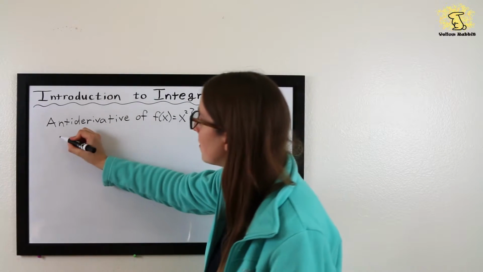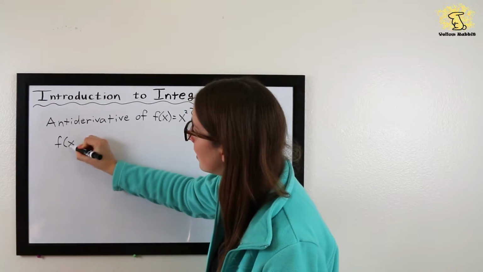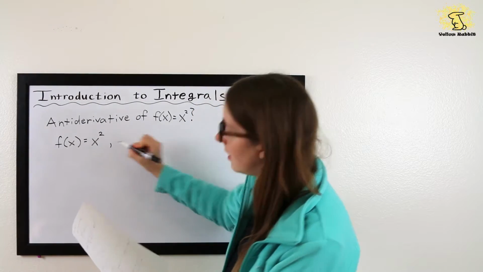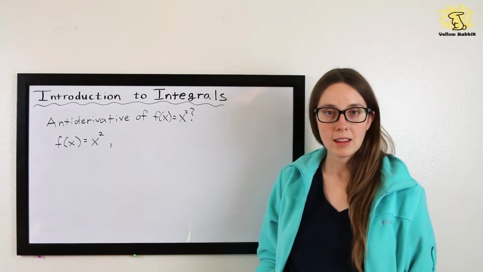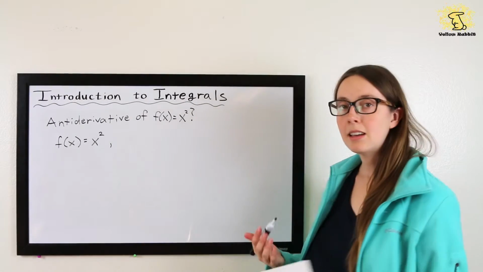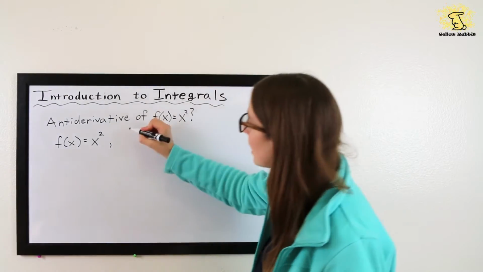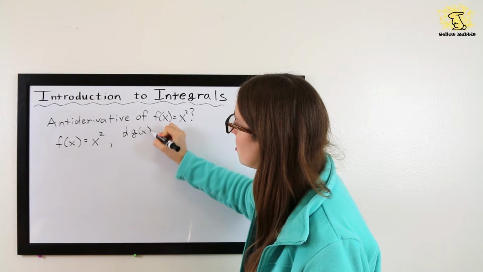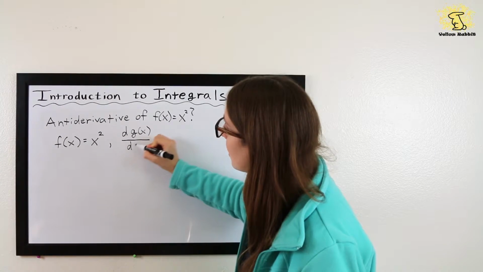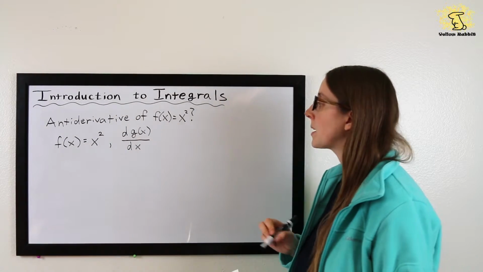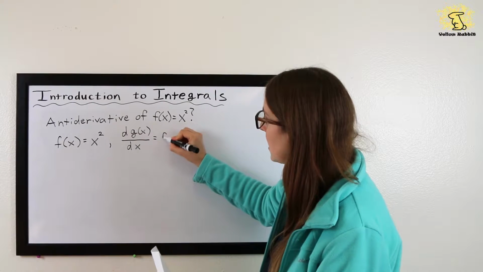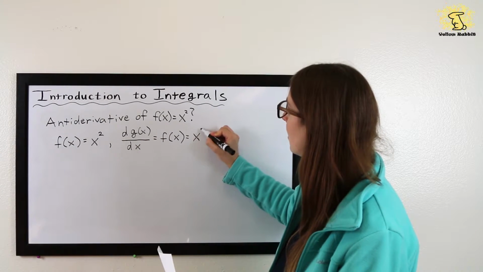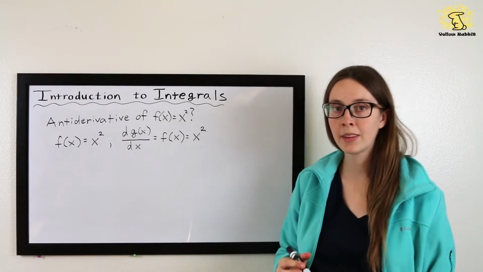First of all, we've defined our function, f of x equals x squared. In order to find the antiderivative, let's define another function. We'll call it g of x. We could call it whatever we like, whose derivative, so if I take the derivative of g of x with respect to x, is equal to my original function, f of x, which is x squared.